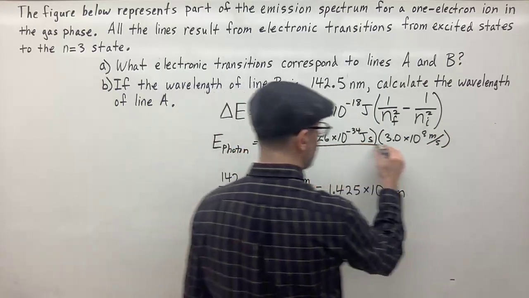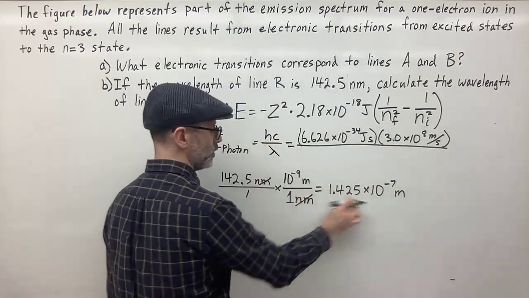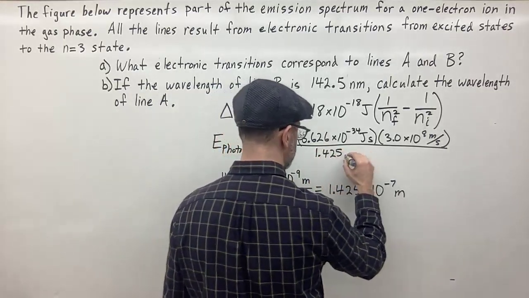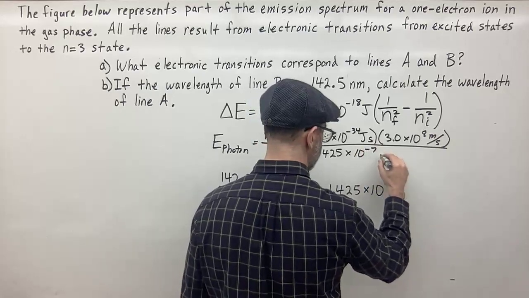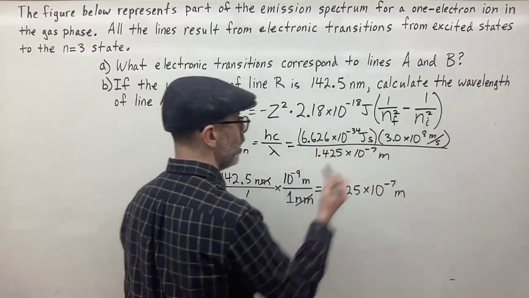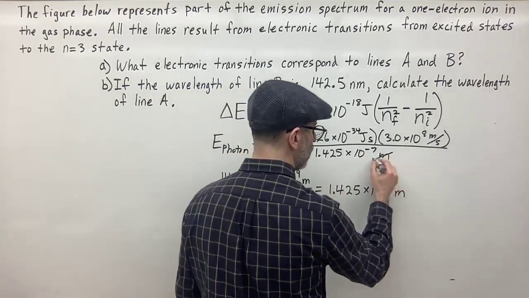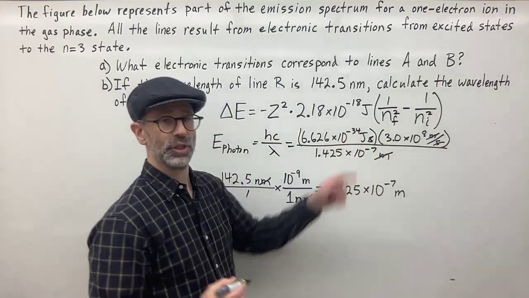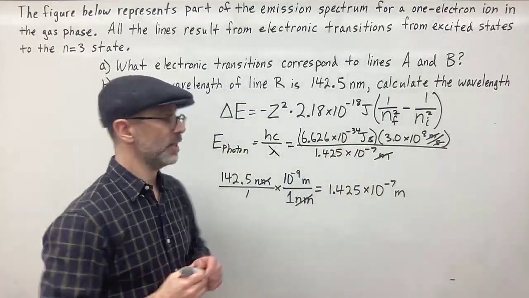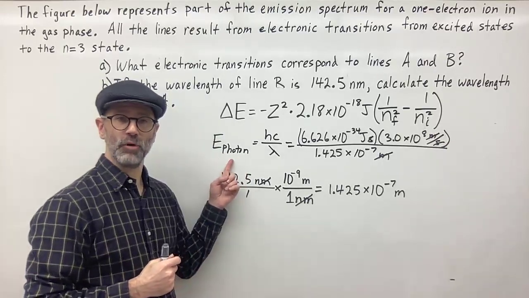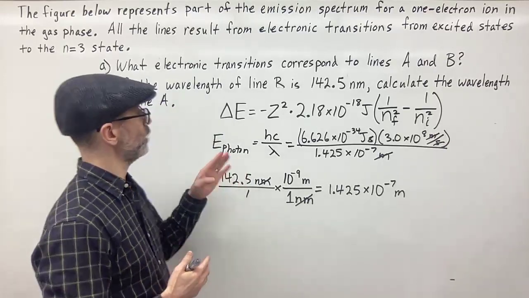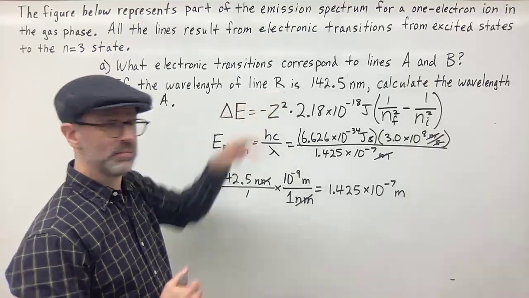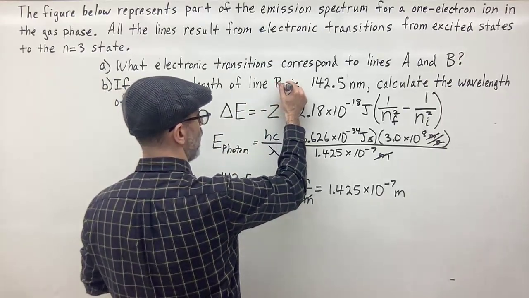And that's going to be divided by the wavelength that we just calculated, 1.425 times 10 to the negative 7 meters. So you can see right away that meters is going to cancel out, seconds are going to cancel out, and we're left with joules. Joules is an energy unit, and that's what we're trying to find, the energy of the photon that was released due to the transition of the electron that gave us line B. Okay, let me put line B back.